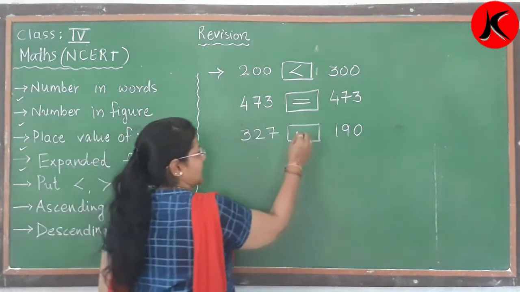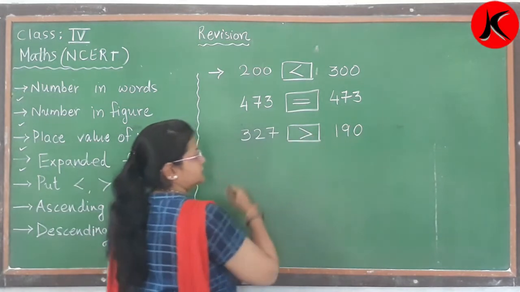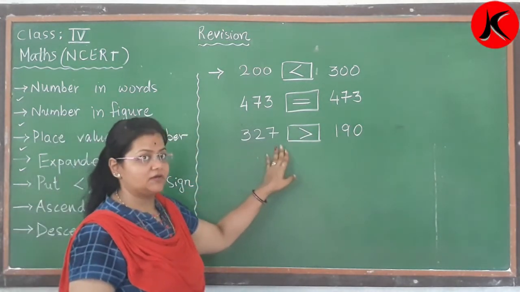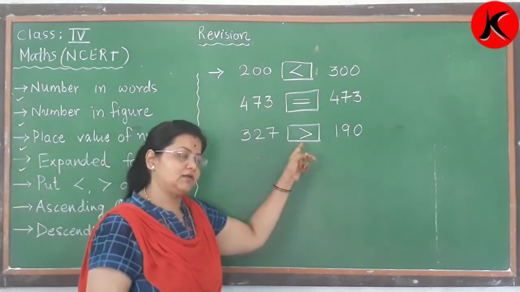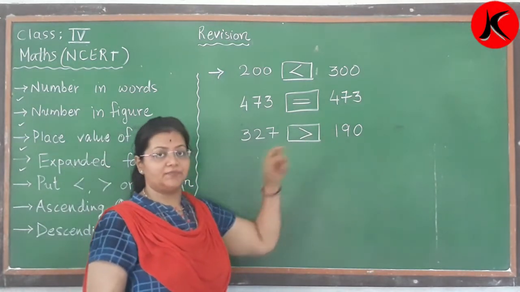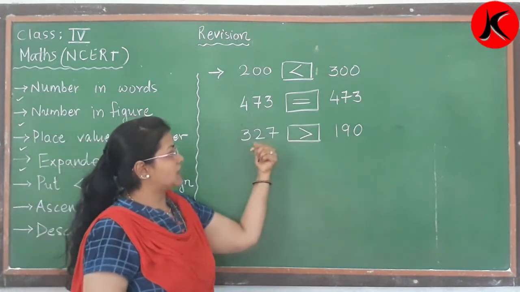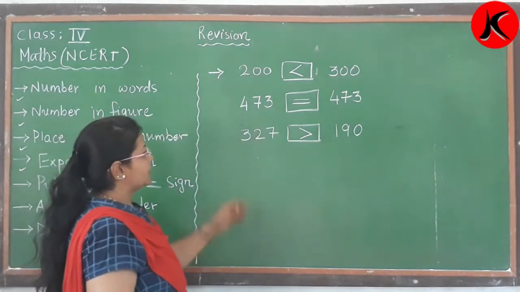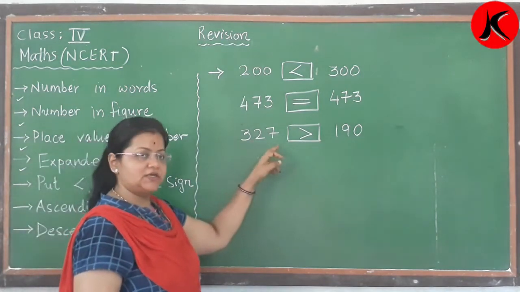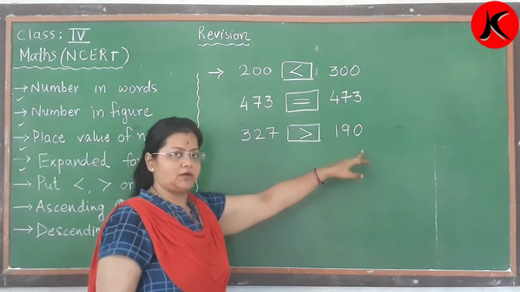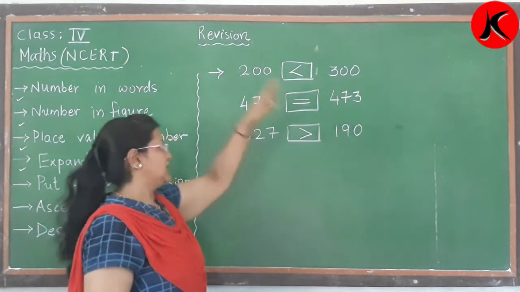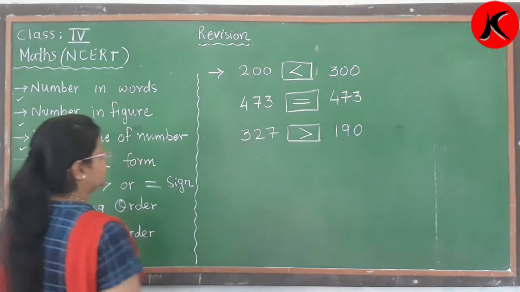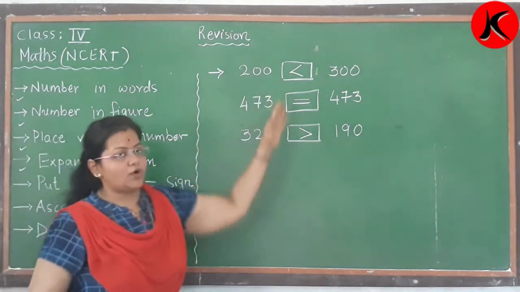So put the sign toward the bigger number. So here 327 is greater than 190. That means this number is greater than this number. 327 is greater than 190, meaning 327 is more. Okay.